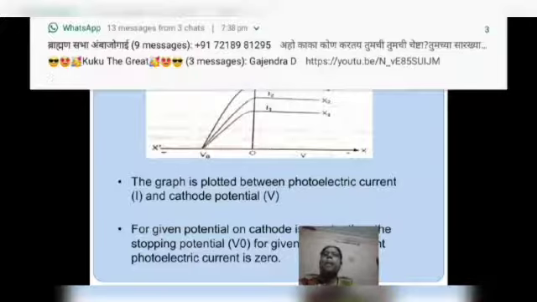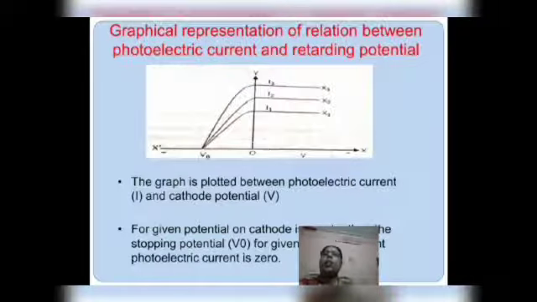The graphical representation of the relation between photoelectric current and retarding potential: a graph is plotted between photoelectric current I and cathode potential V. On the x-axis is cathode potential V and on the y-axis is photoelectric current I. In this figure, the cathode potential is positive, then 0, and then negative.